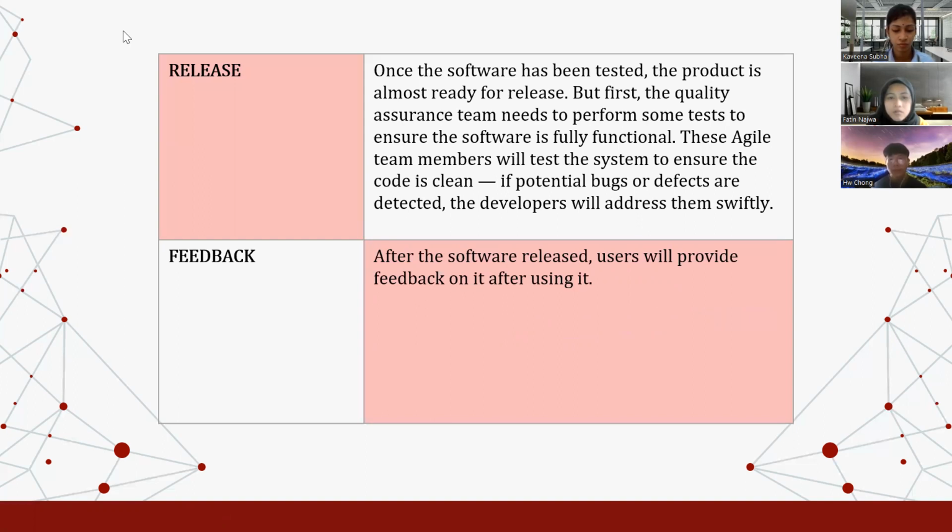If potential bugs or defects are detected, the developer will address them swiftly. Next is feedback. After the software is released, users will provide feedback on it after using it.